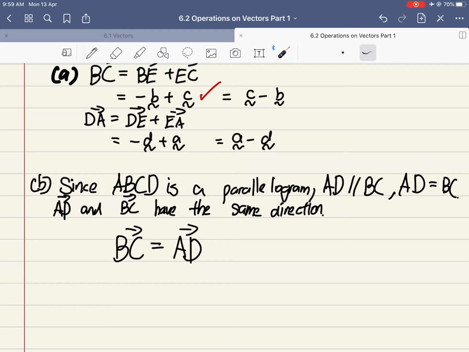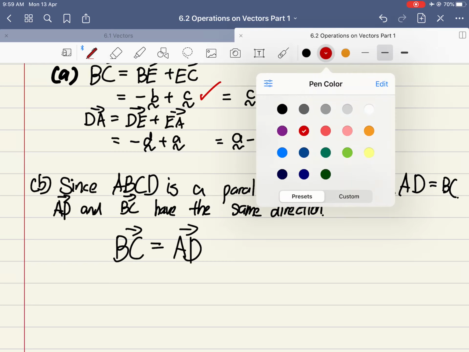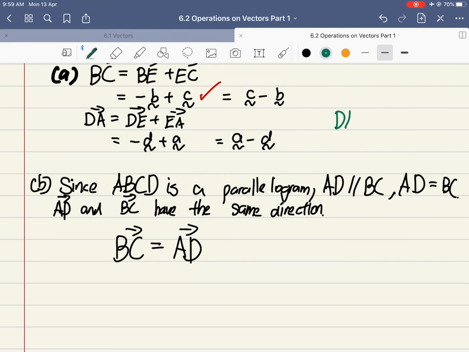So how are AD and DA related? They're the same magnitude, but they're going in different directions. So I just want to show you something over here at the side. If they're the same magnitude but different direction, AD is actually the negative of the vector DA because it's going in the opposite direction.